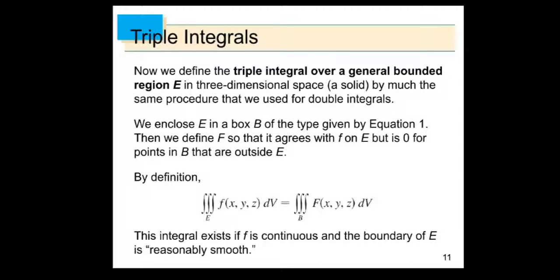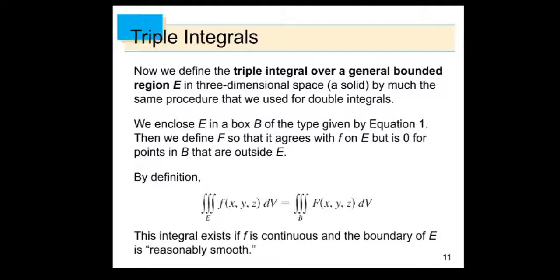We had a condition that if the shape lies in that rectangle, then our capital F would be equal to our smaller f function, but if it lies outside, it would be equal to 0, right?